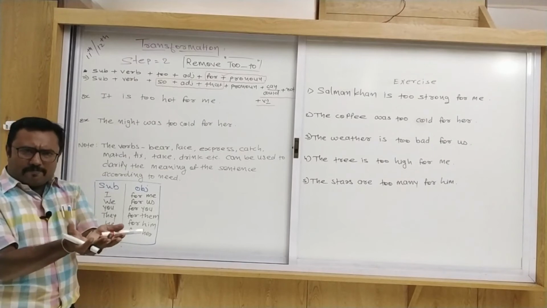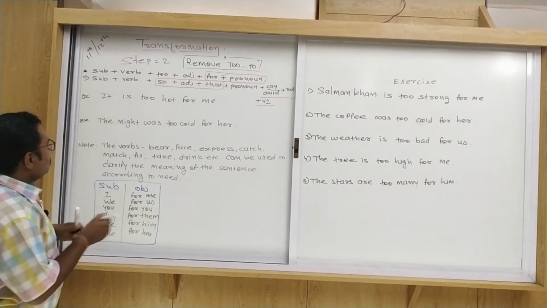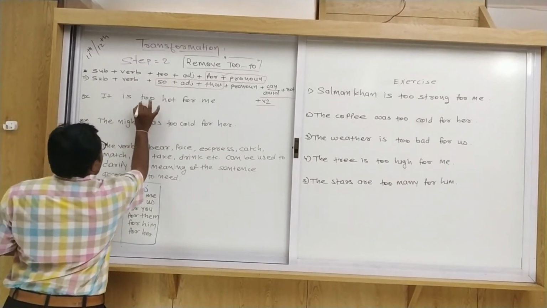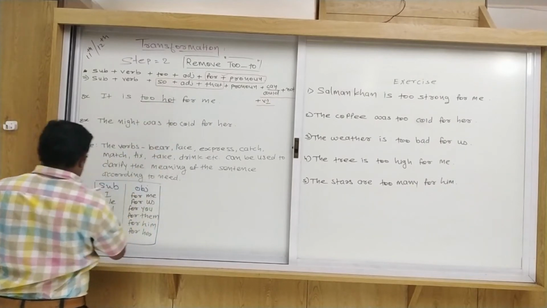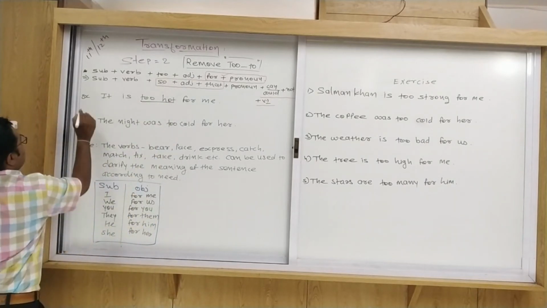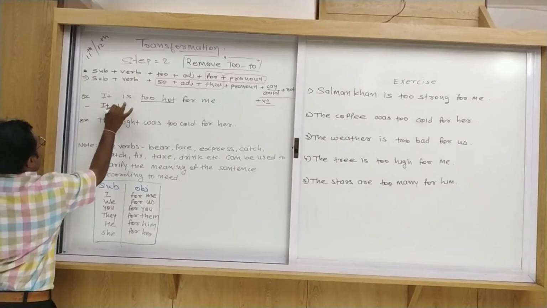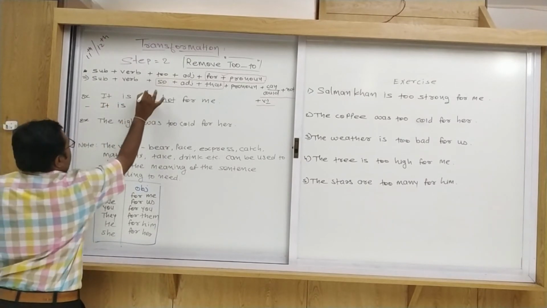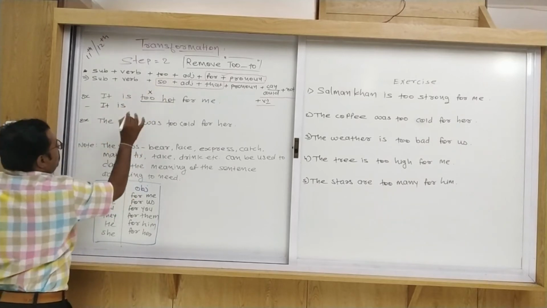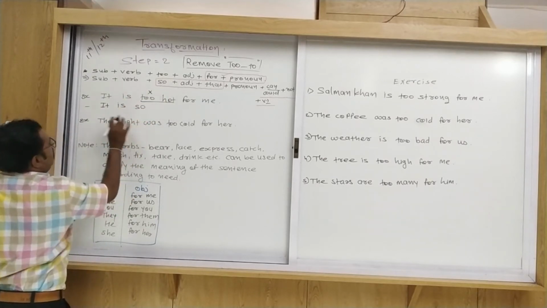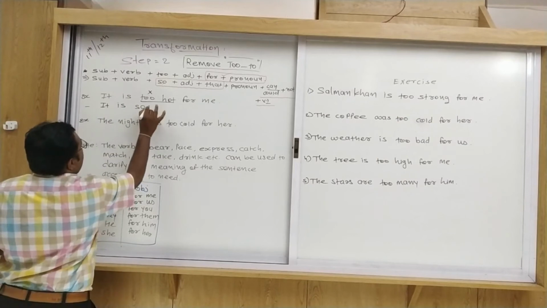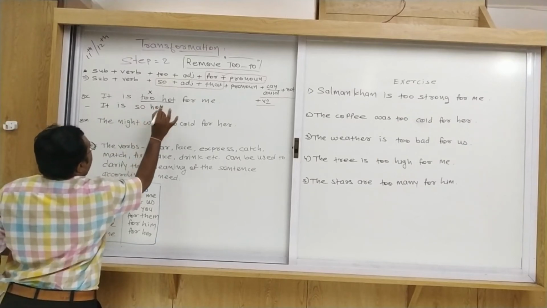To whom? For me. So first of all, see too hot. The subject is given, it, so it is. First remove too and write so. So it is so hot.